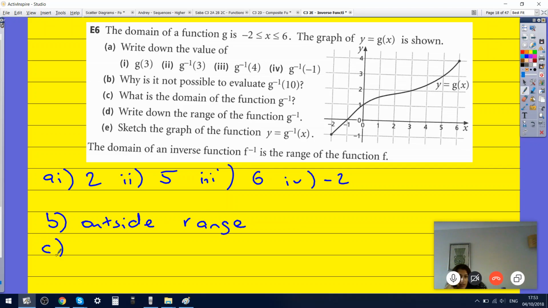What is the domain of the function g minus 1? Minus 1 to 4.